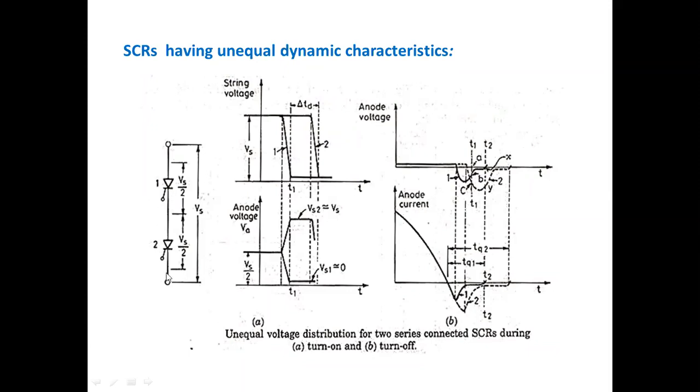The gate terminals of the first and second SCRs are given pulses at the same time, with no change in time. Why? Because the two SCRs are turned on in the same time period, so the gate controls can give signals to the SCRs at the same time.